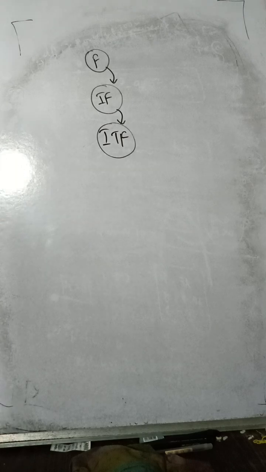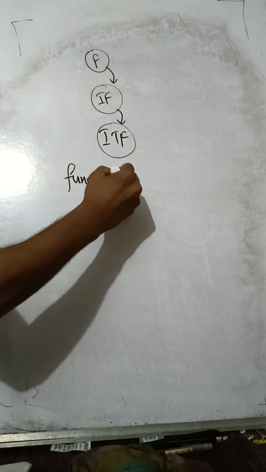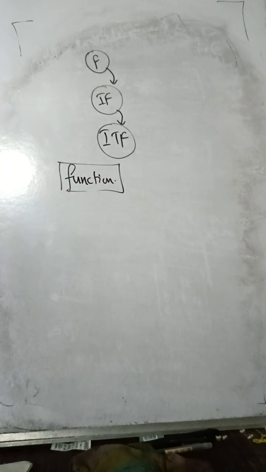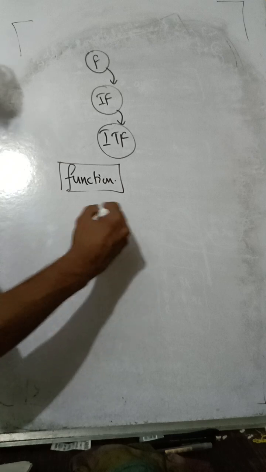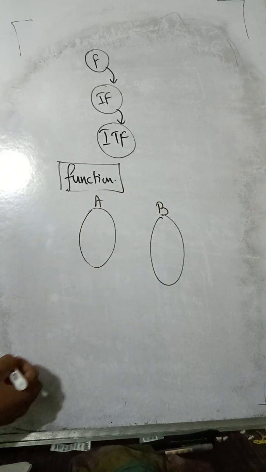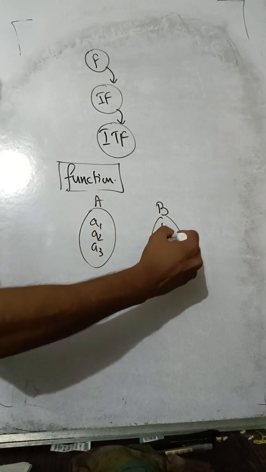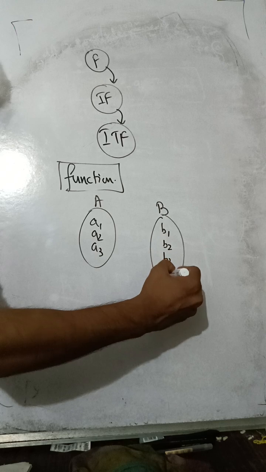So what exactly is a function? A function is basically a relation from one set to the other set. Suppose we have two sets, A and B, where A has A1, A2, A3 and B has B1, B2, B3, B4.